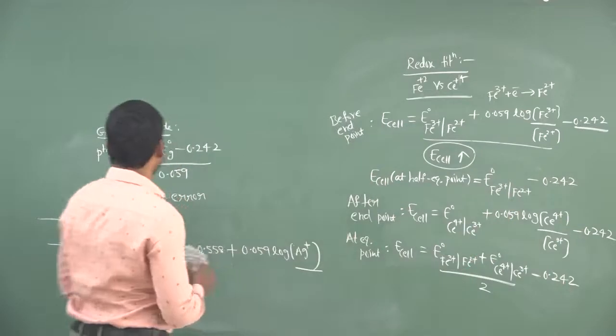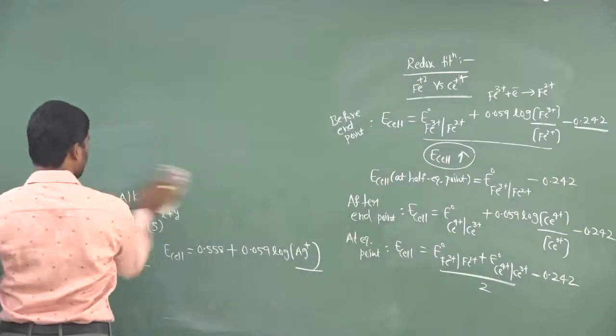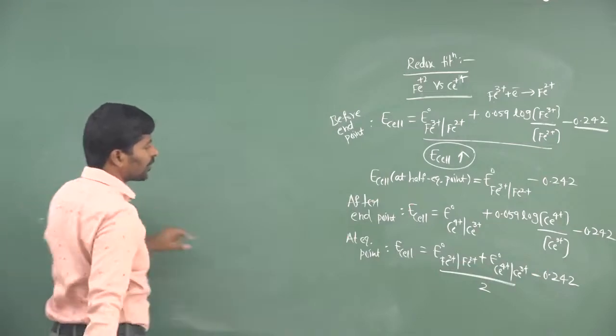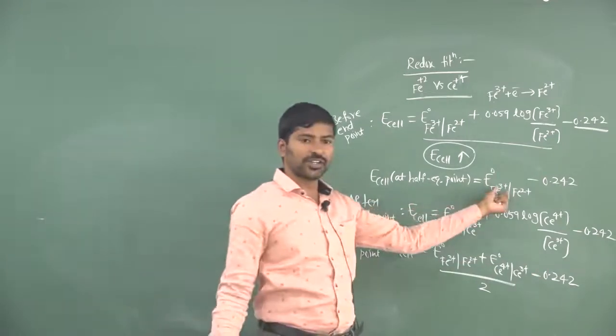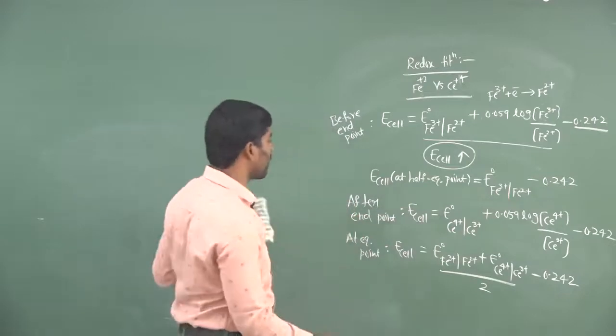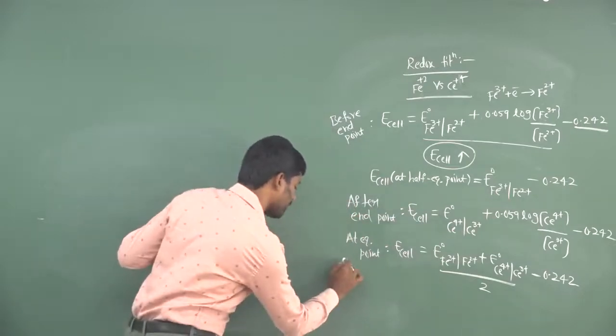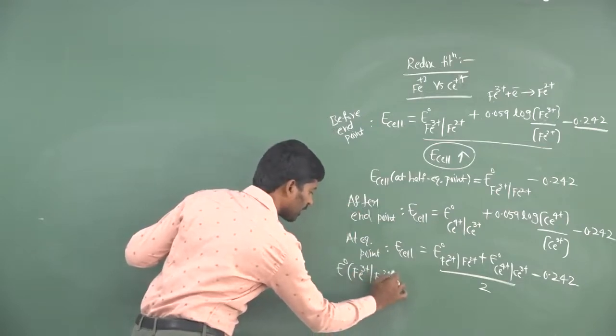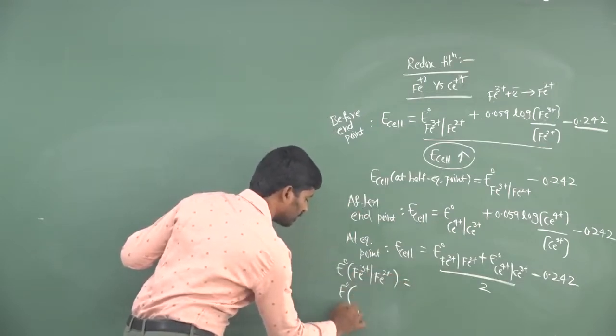Sudden jump is observed because there is a large difference in the reduction potentials of the iron couple and the cerium couple. What are the reduction potentials of the iron couple and the cerium couple?